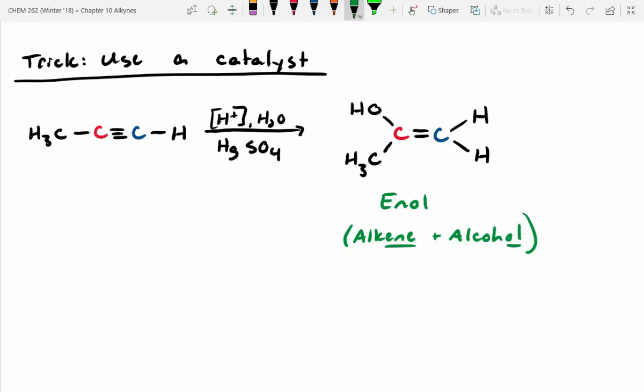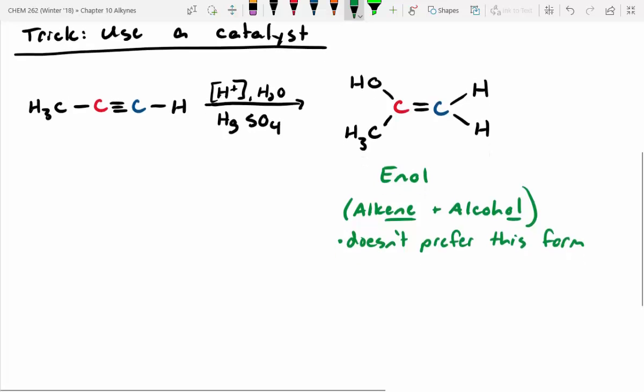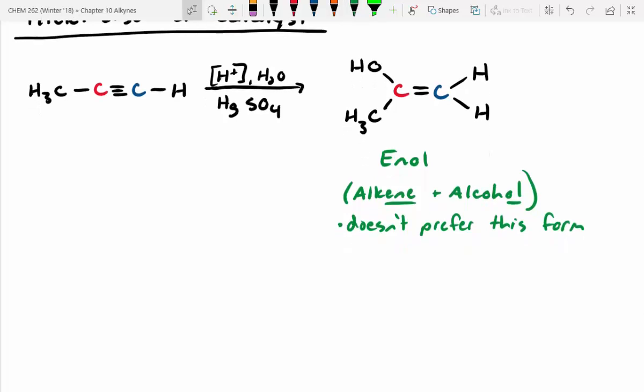So let's make a note. It doesn't prefer this form. So what happens instead is we have a second reaction take place, and this usually occurs because you've got excess acid around. So what do you think could happen if we have excess acid around? Yeah, so we've got an alkene.